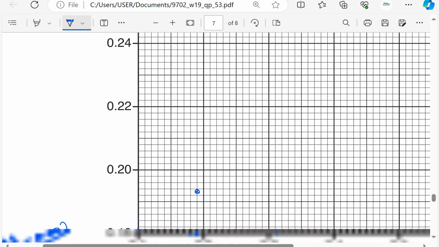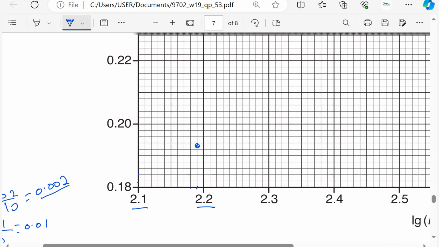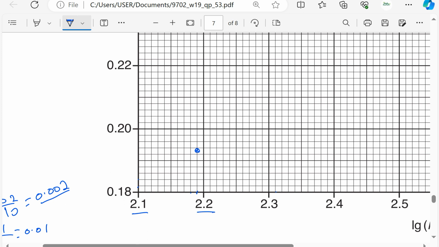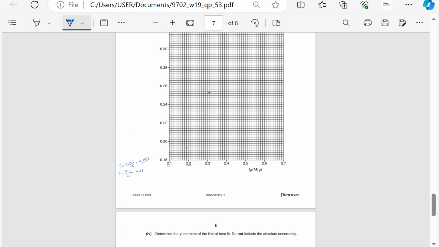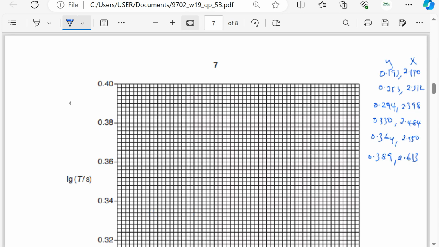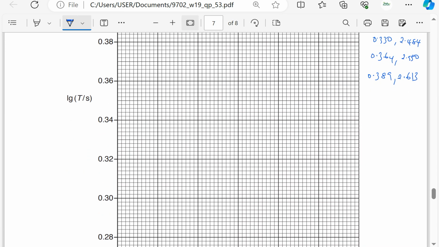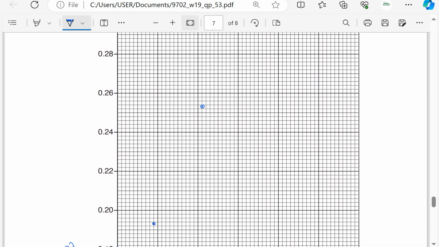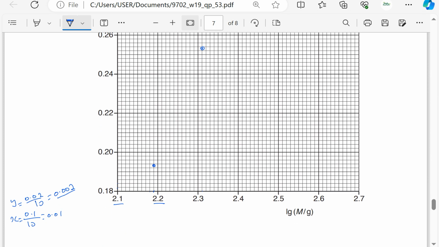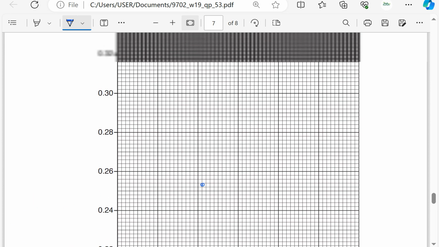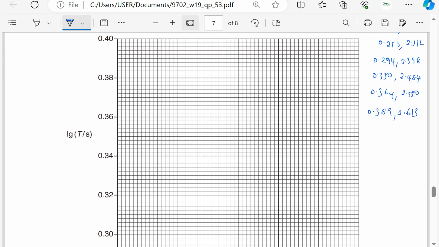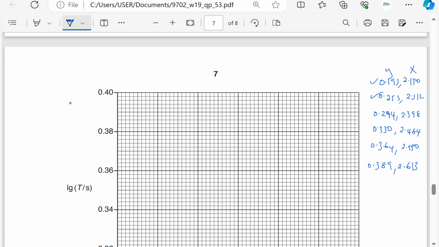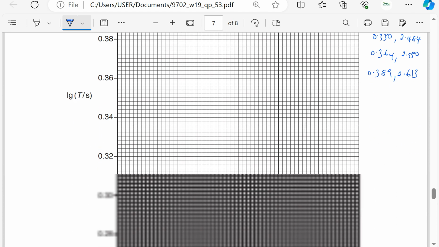Then the next one is, now I have to fit this onto the graph because it is giving me a lot of headache. So the next one is 0.294 against 2.398. 0.294 on the y-axis and 2.398 on the x-axis.